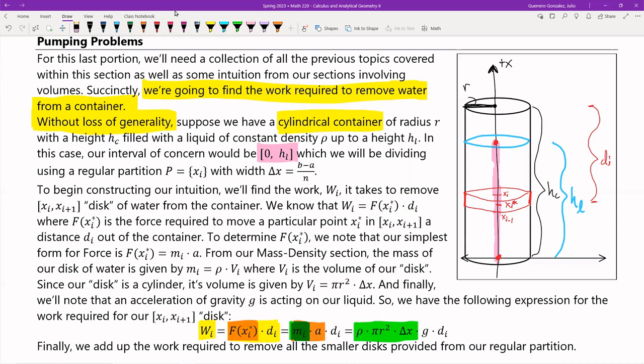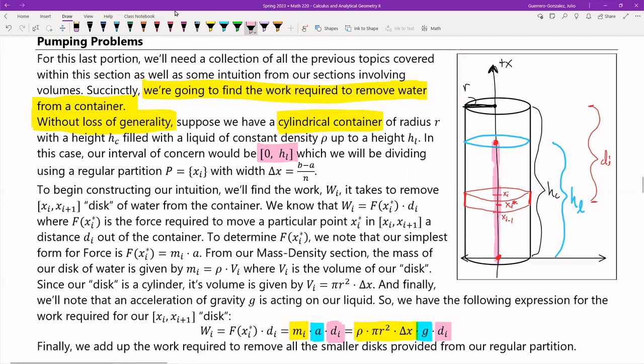Let me color code this a little better. Our mass is given by rho times pi r squared times delta x. Our a is the gravity acting on our liquid. And then our d_i is the very tail end there.